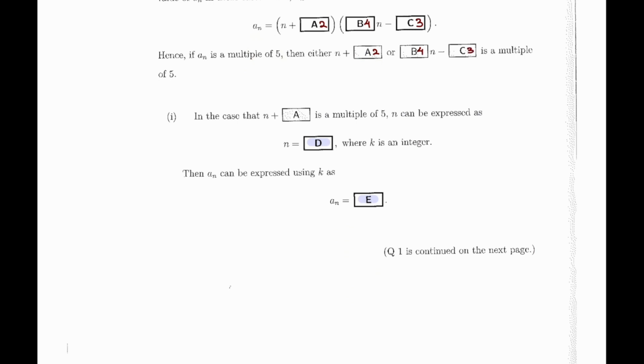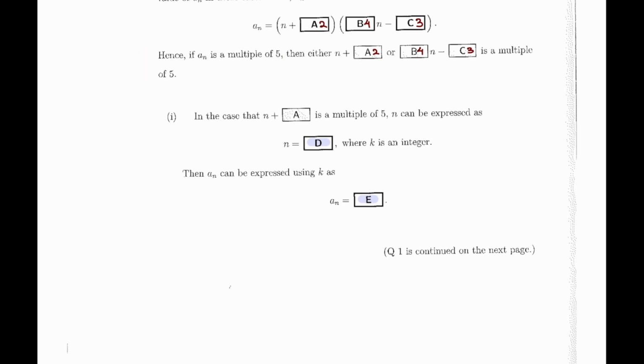Makes sense, yeah? You have the product of the first and the second factor. Since the number is a multiple of 5, that means either the first one or the second one should be a multiple of 5. I think this statement makes sense.